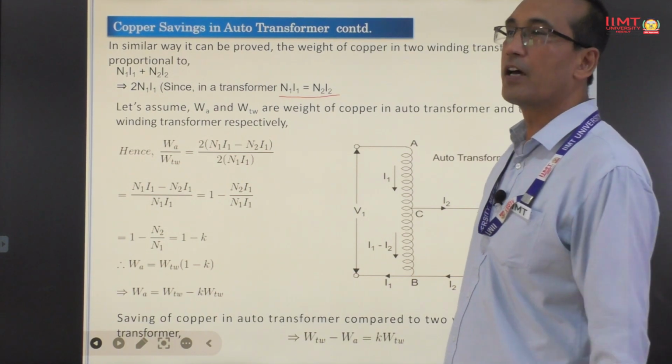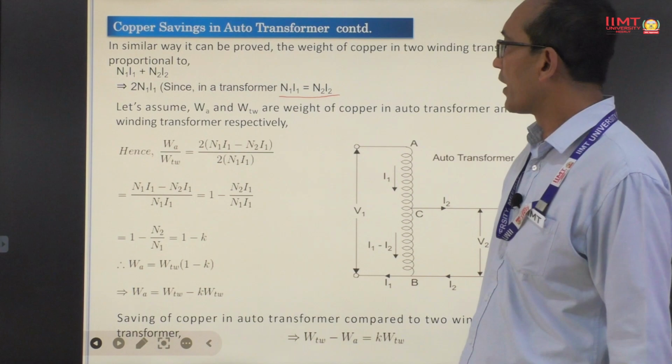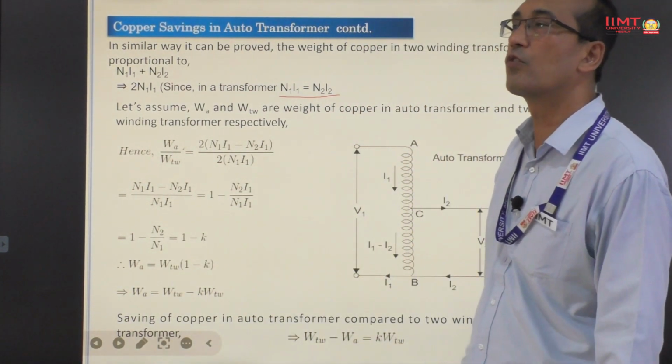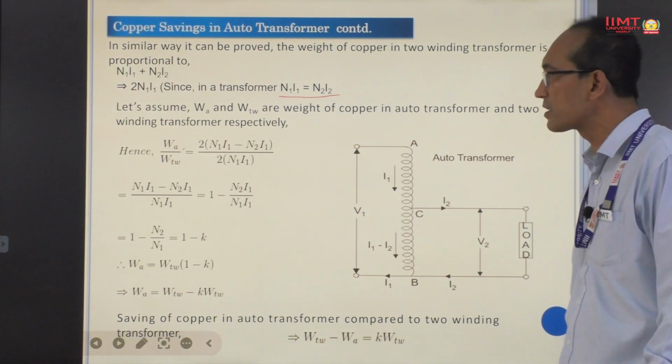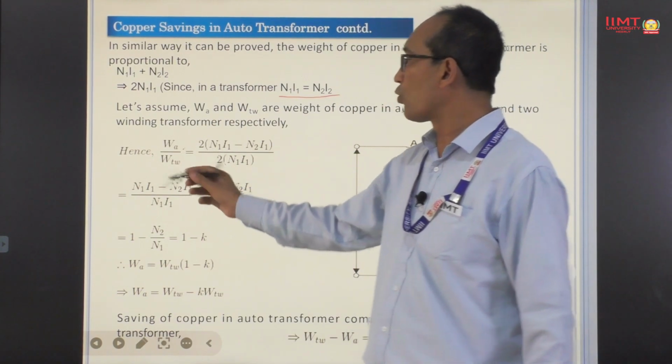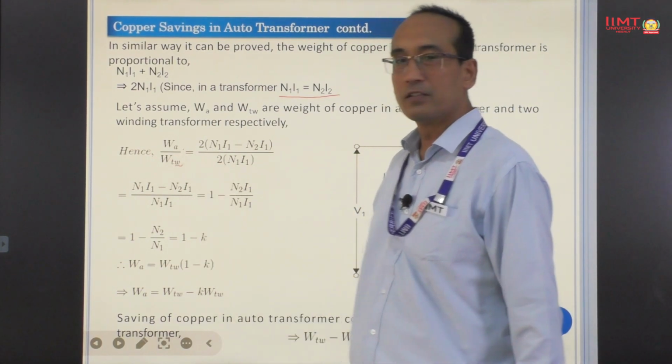Now if we compare by taking a ratio, in the previous case we said WA is the weight of copper in the auto transformer, and WTW is the weight of copper in the two winding transformer.